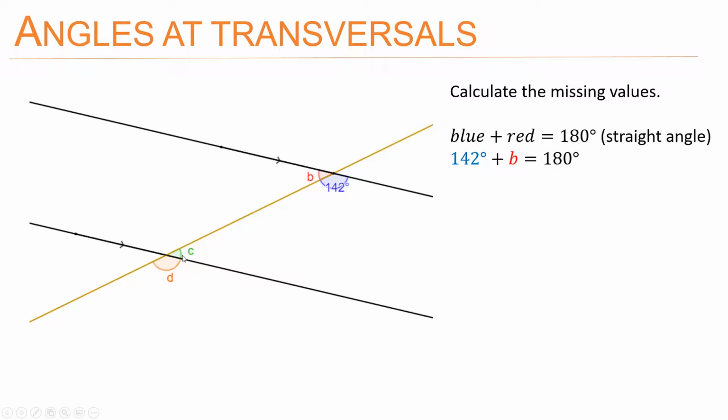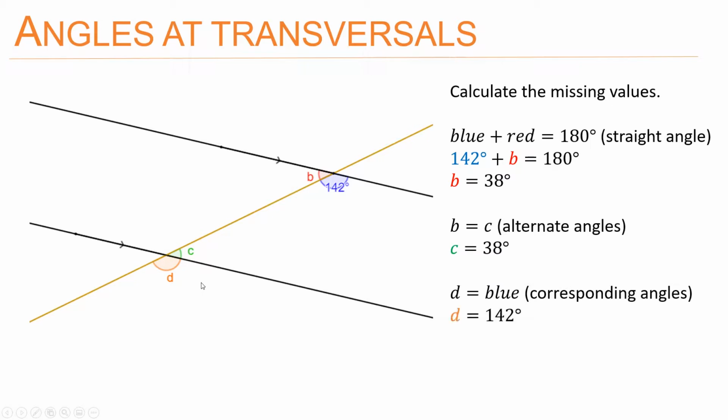I can calculate C, because it forms a pair of alternate angles with B. You see the Z shape here. So it is also 38 degrees. And D forms a pair of corresponding angles with the blue angle. You can see the F shape here, long stroke, short stroke, short stroke. So it will be 142 degrees.